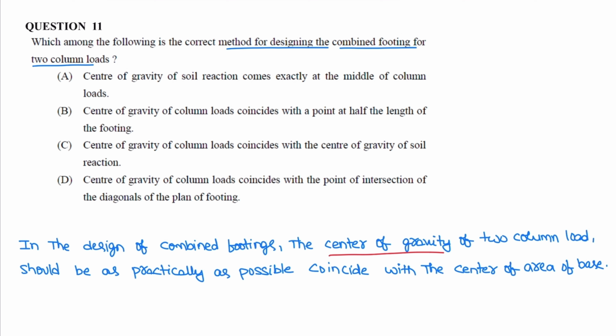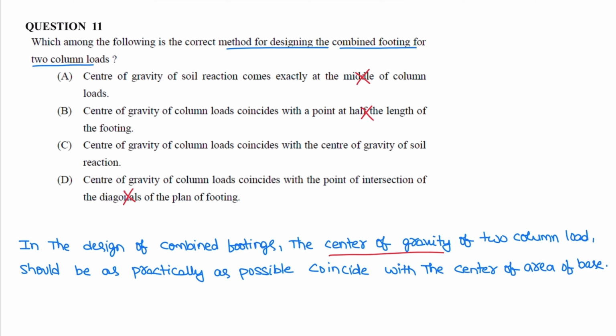See option 1, the center of gravity of soil reaction comes exactly in the middle of the column loads. It may or may not come in the middle. For some cases it may come, but in some cases it doesn't. The center of gravity of two column loads coincides with the point of half of the length of the footing. This statement is also wrong. Next, the center of gravity of two column loads coincides with the point of intersection of diagonals of the plan of the footing.